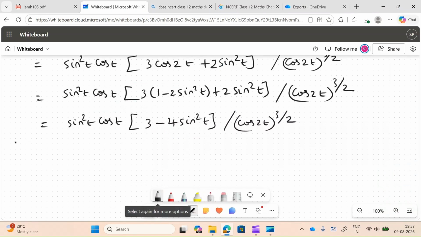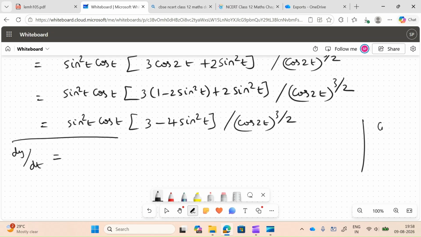Now we'll try to solve dy by dt. Same thing, guys. This will be again u by v. What is y? y is nothing but cos cube t by root of cos 2t, right? So this will be root of cos 2t times minus 3 cos square t sin t.